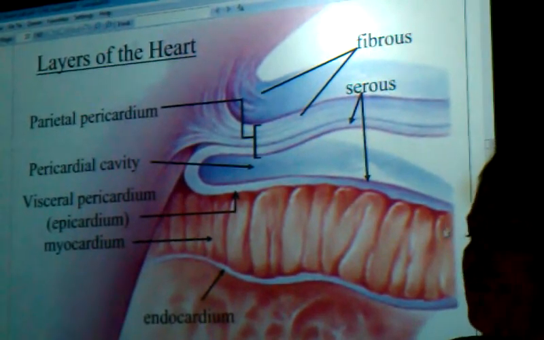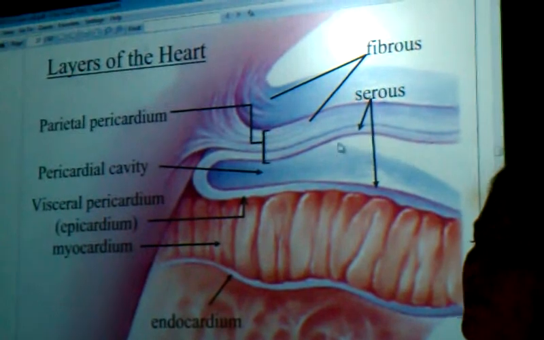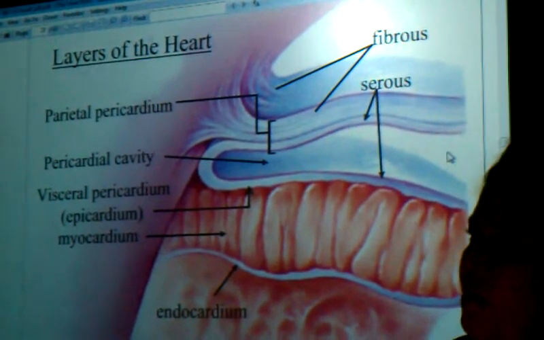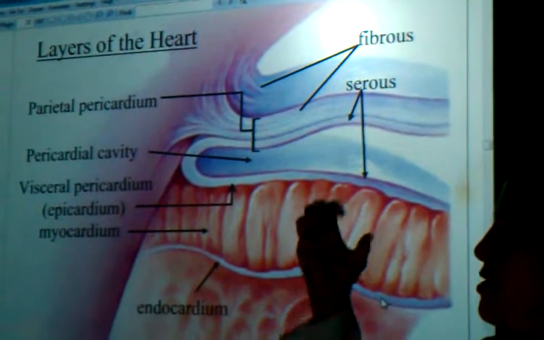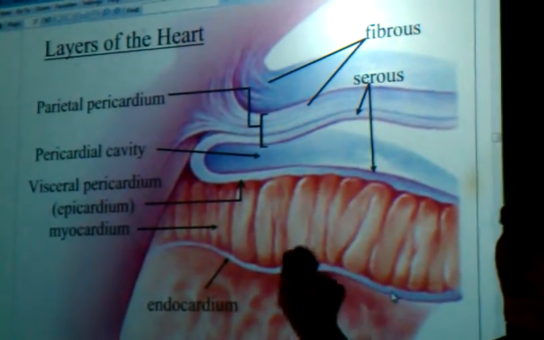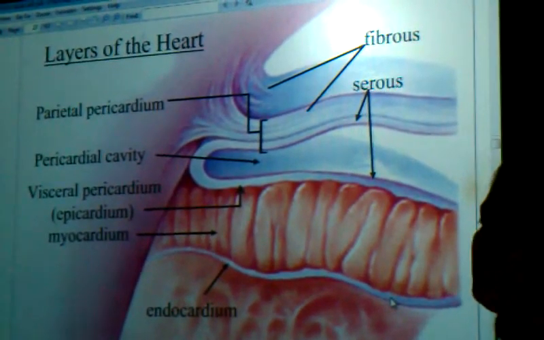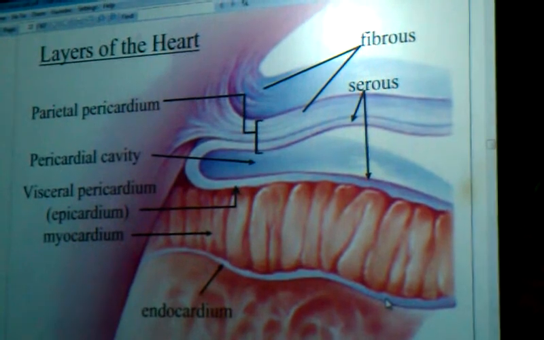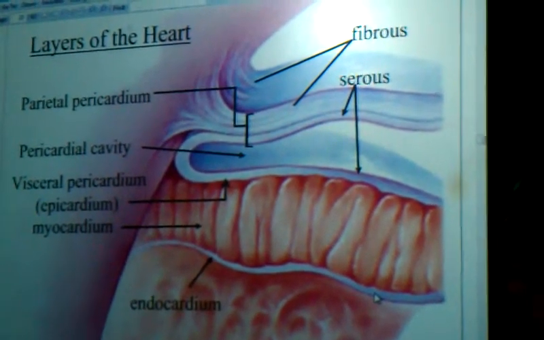Okay. Now, why do we have this serous membrane around the heart? Well, very simple. Serous fluid is lubricating. And the heart, when it contracts, is constantly getting smaller and larger and smaller and larger as it beats. It's moving violently in that chest. And because it's got so many other tissues close to it, the heart and the diaphragm and everything else, all these blood vessels, every time it moves, it rubs against all those other tissues.